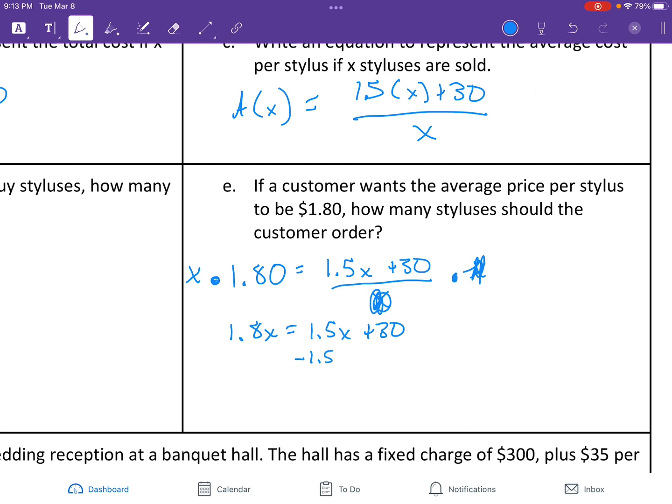Subtract 1.5x from both sides. 1.8 minus 1.5 is 0.3. We're going to divide 30 by 0.3. So x will equal 100. So you have to order 100 styluses for it to average $1.80.